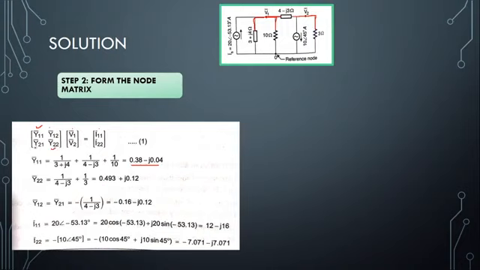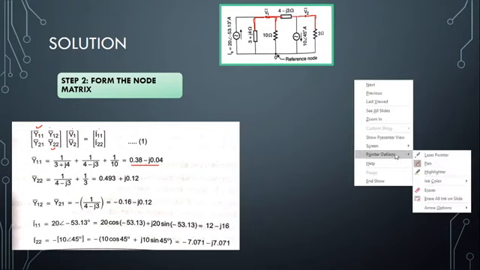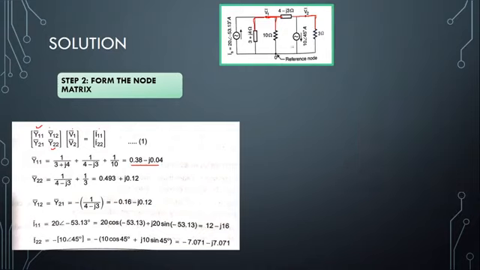Now what about Y12 and Y21? So Y12 and Y21 are the common elements connected to V1 as well as to V2. Now check the circuit. Which element is connected in common to V1 as well as V2? If you see here, this 4 minus J3 ohm is connected to the point V1 and also connected in common to V2.